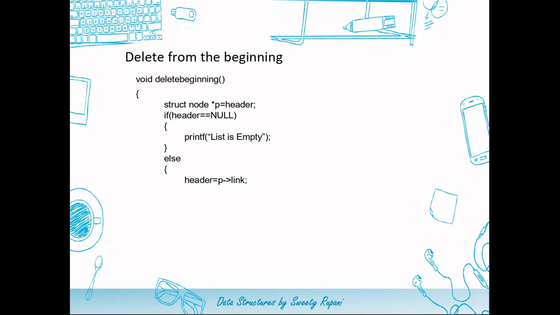In other cases, we have to get the address from the link part of P, because P would now be pointing to node number 20 in our example. So get the address from the link part of P and store it in the header, so as to make header point to the next node with data value 10 in our example. So this is a simple function, delete beginning.